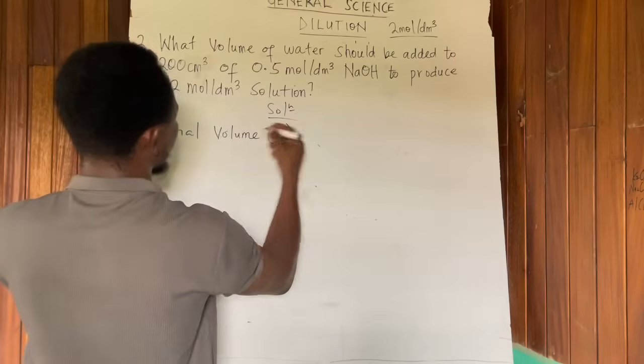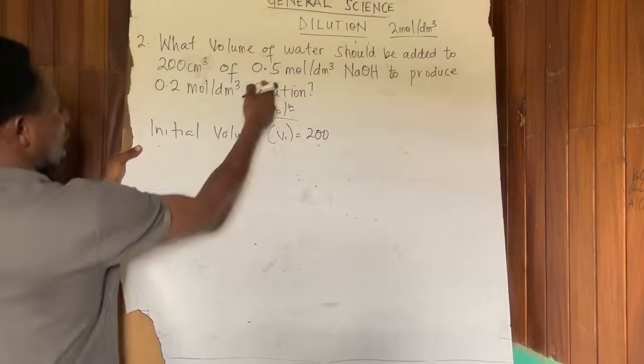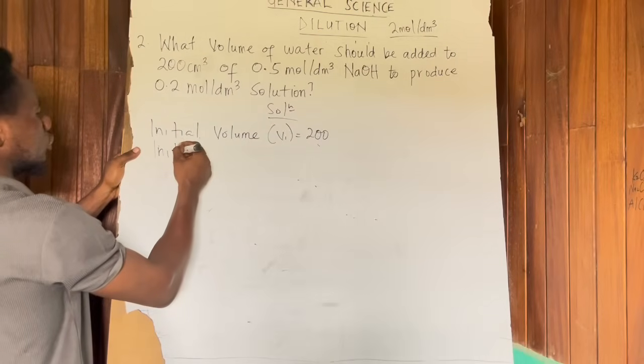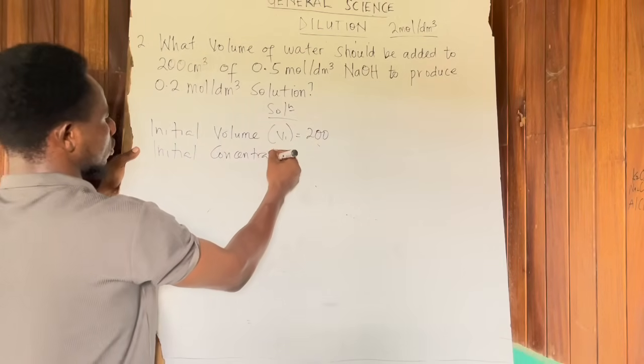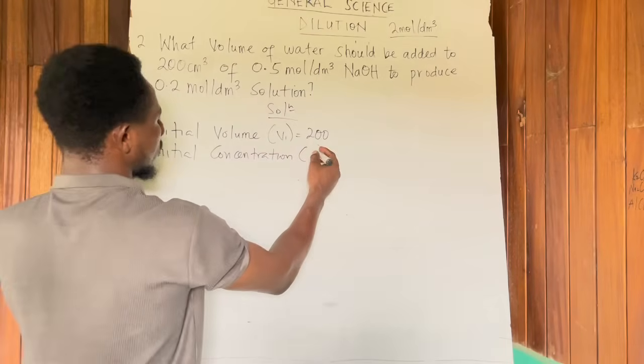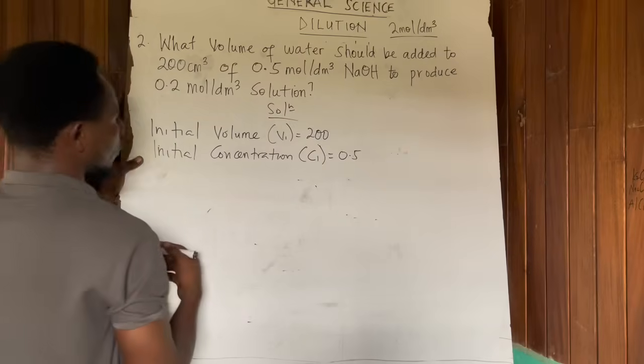V1 as what? 200. Having initial concentration C1 as 0.5.